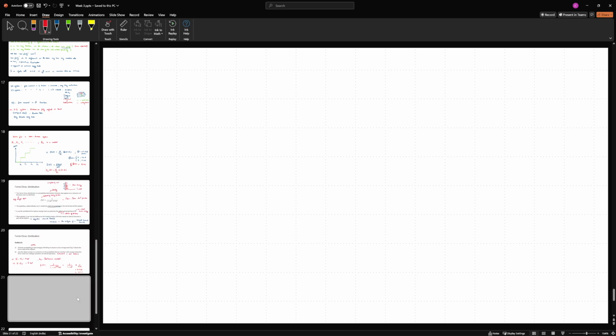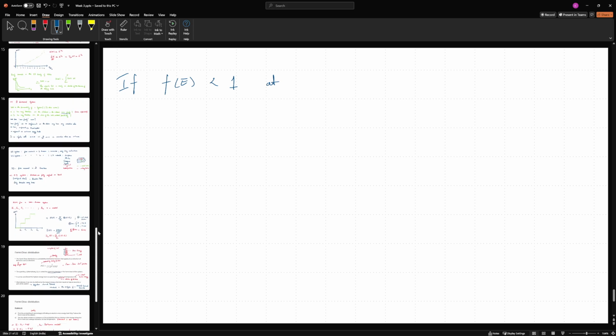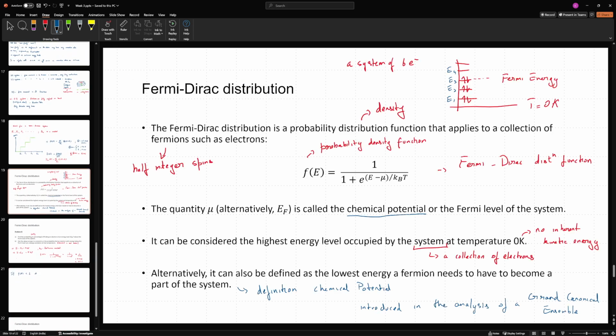So let this be the final takeaway from today's discussion on the Fermi level, Fermi-Dirac distribution. f of E is always less than or equal to 1. So it cannot be greater than 1. That can be seen from this relation. It is 1 by 1 plus a positive quantity. The smallest possible value this quantity can have is 0. It's an exponential function, so it is always positive. So the highest possible value f of E can have is 1. The lowest possible value is, of course, when this diverges to infinity, it is 0.